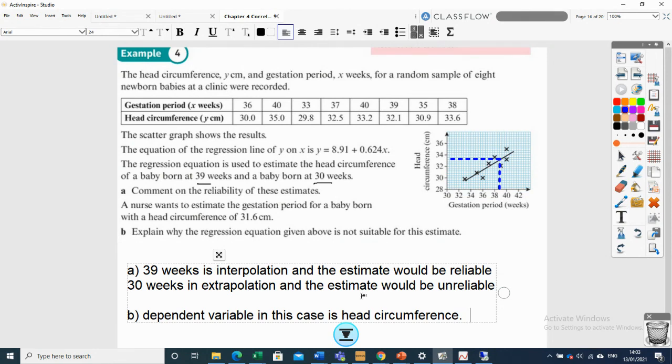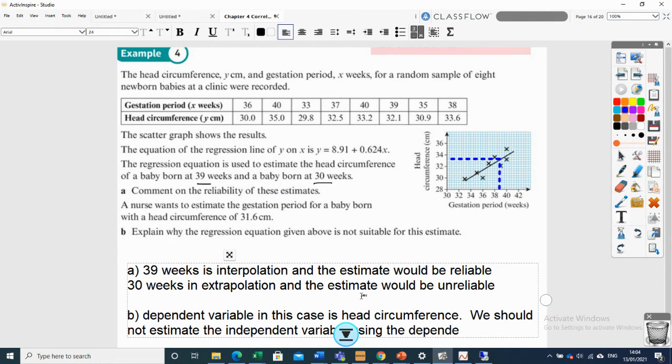And in this case, using that dependent variable to estimate the independent variable is not reliable. We shouldn't be doing it from this regression line. We should not estimate the gestation period, and that would answer that question.